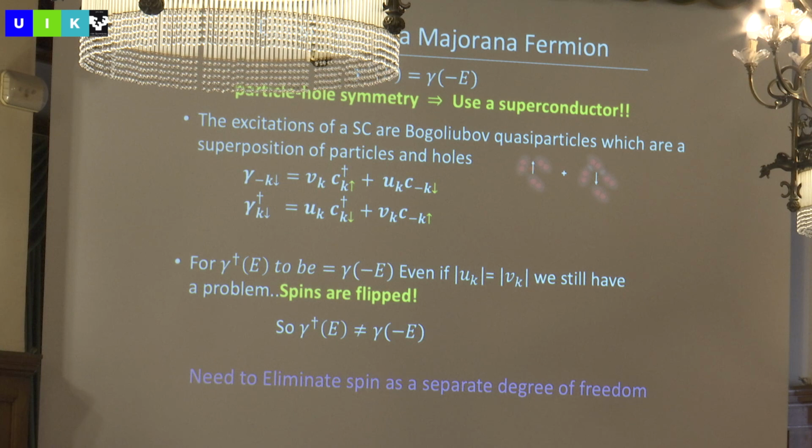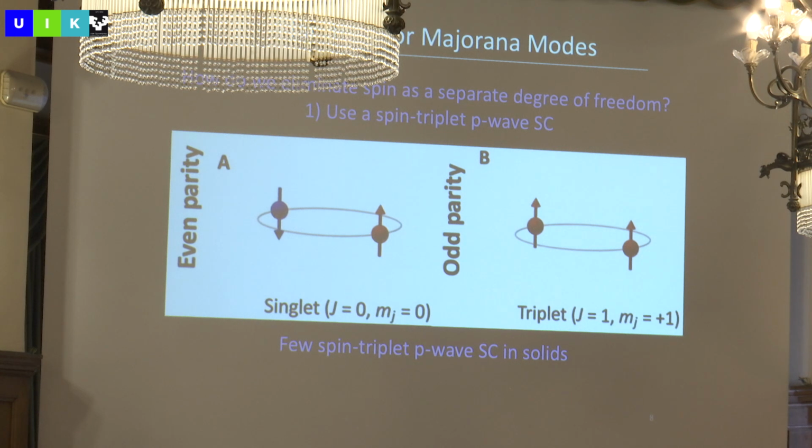So what you want to do is basically get rid of these little arrows, and there are multiple ways to do that. One way is to look for triplet superconductors. Triplet superconductors have equal spin pairing, and then for the Bogoliubov quasiparticle excitations, you don't have to write down the spin quantum number anymore. And so in a triplet superconductor, the low energy excitations naturally look like Majorana fermions.